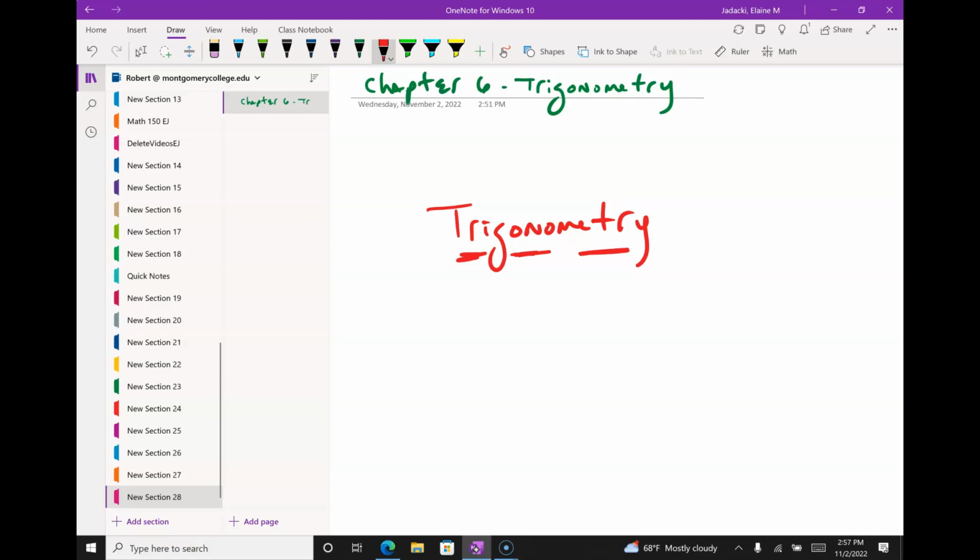What's tri mean? 3. Gnomes are vertices or corners, right? Or angles. And then what's a metric? Measure. So this is measuring the 3 angles of a triangle, right?